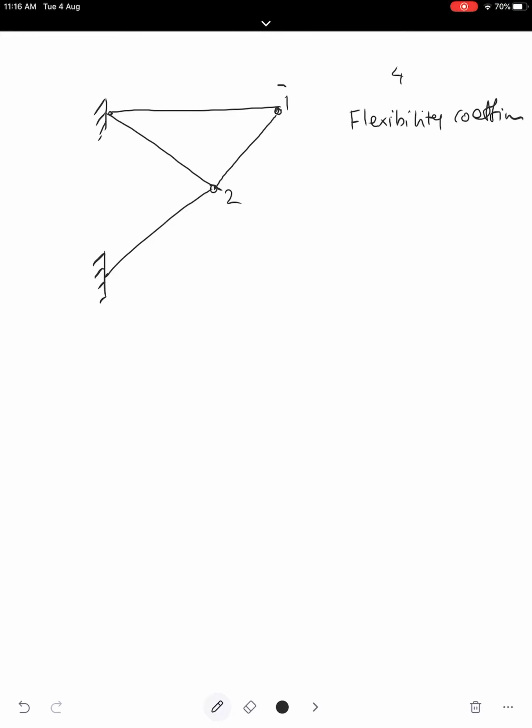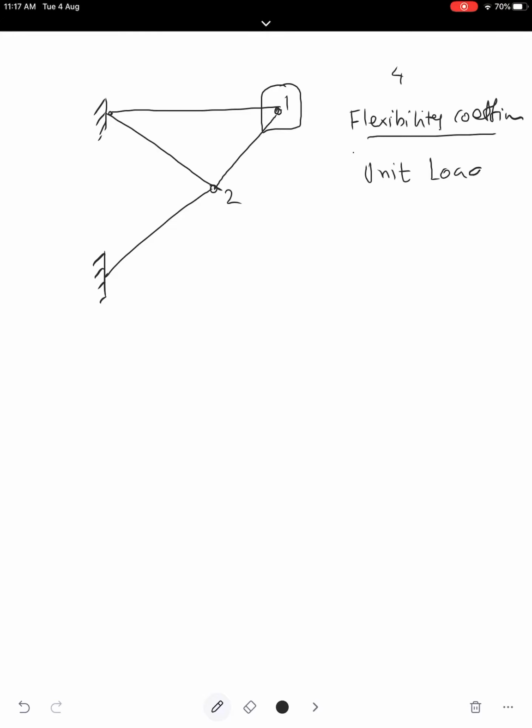So let us pick up joint 1. To obtain flexibility coefficient, we have to pick up joint 1 by 1. On joint 1, how can we obtain flexibility coefficient? By applying the coefficient because of unit load.